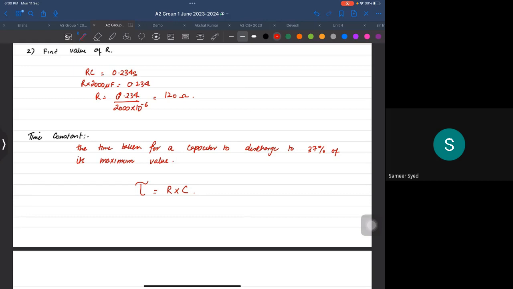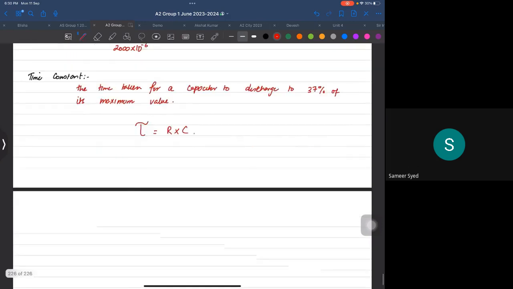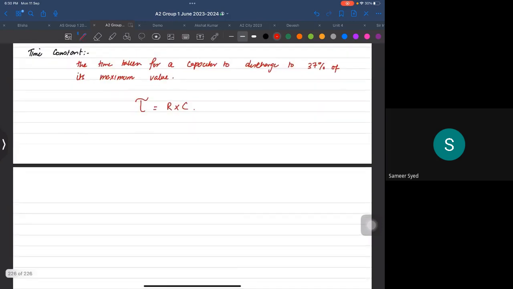Okay, perfect. To understand why this is 37%, we're going to learn a small derivation, and from that we're going to understand what I mean by this.